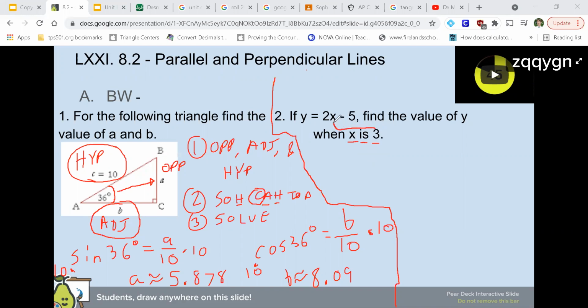Plug it in for x. So then y of 3 would be 2 times 3 minus 5, or 6 minus 5, or 1. So when x is 3, y is 1.